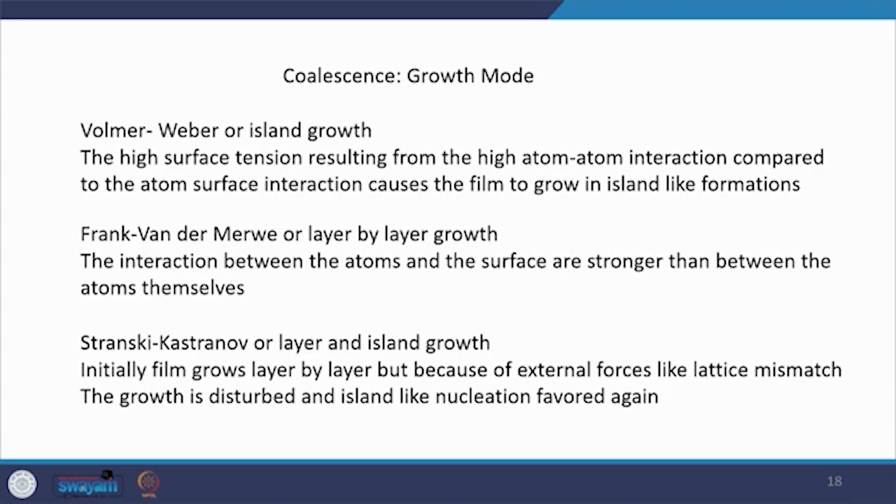So, initially we can have island growth or layer by layer growth. There is another type of growth which is called the Stranski-Krastanov, layer plus island.